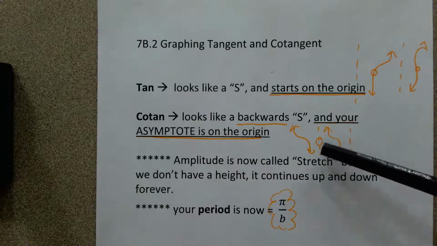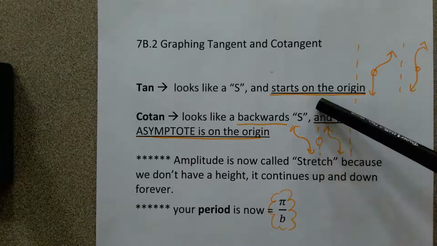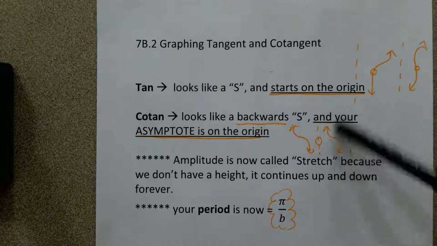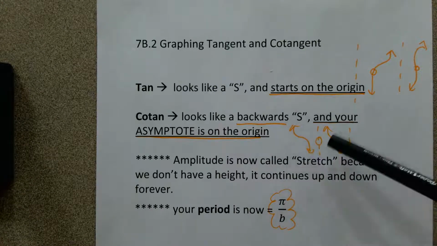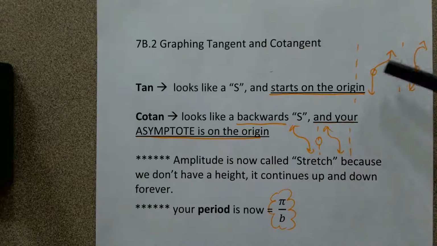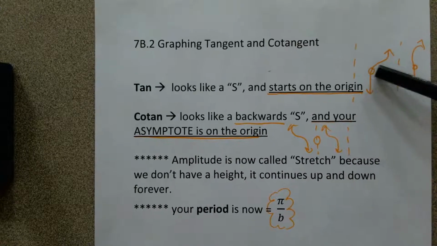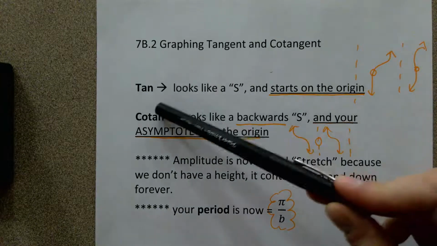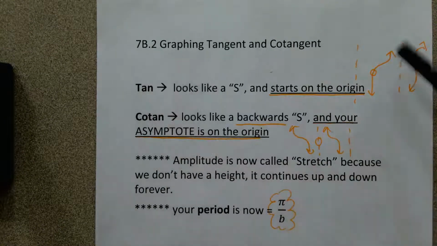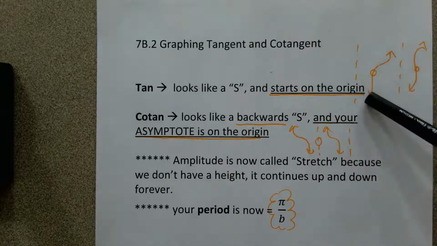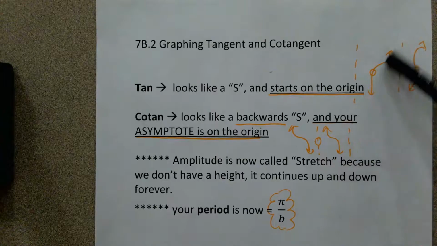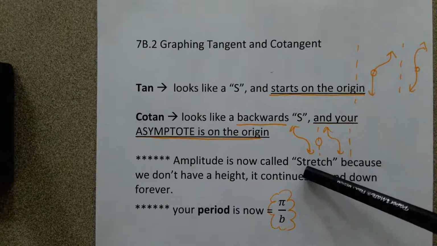So if we were to have an origin right here, our asymptote would go through that right away, and we would have cotangent graphs in between each asymptote. If my origin were to be here, then if I had a tangent graph, my graph would go straight through that origin. And it's the opposite way. So this is an S, this is flipped.